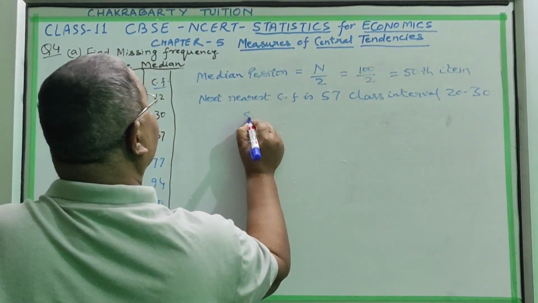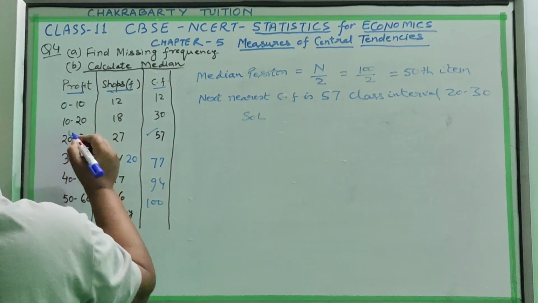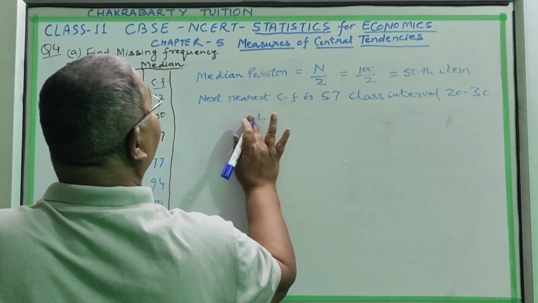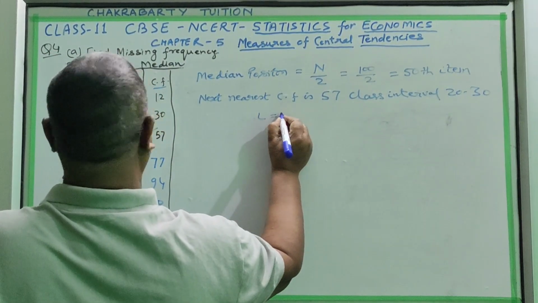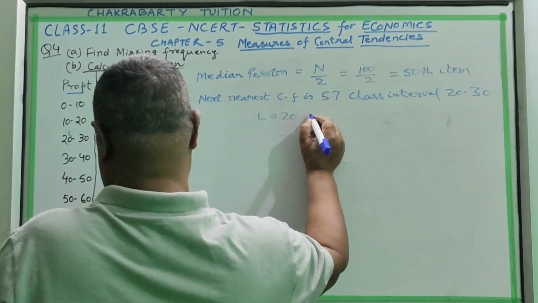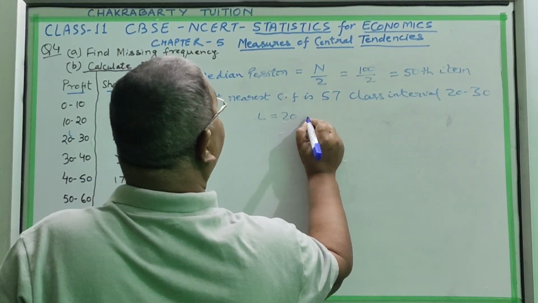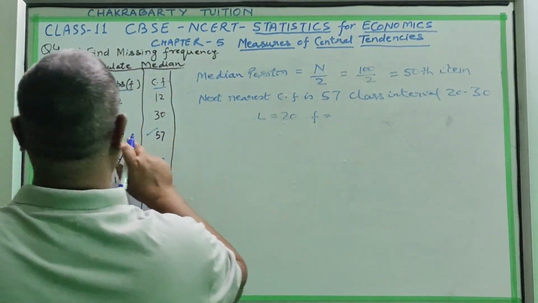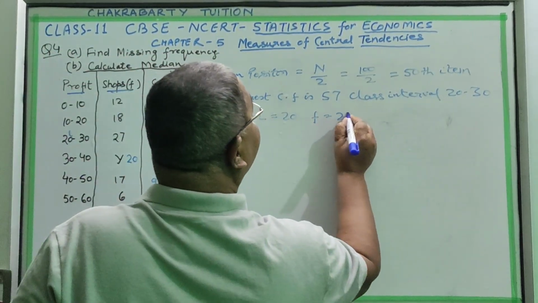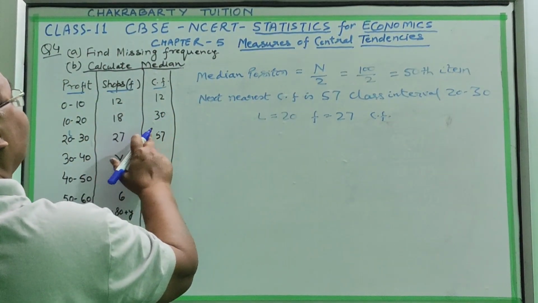So L is equal to L. L means lower level. This is your L, lower level. So L equal to how much? L is equal to 20. F is equal to 27. CF, cumulative frequency of the previous class.